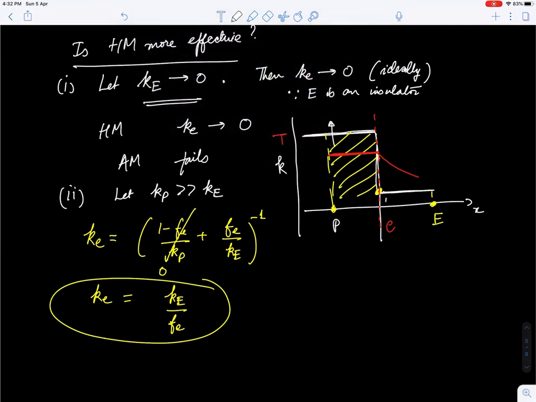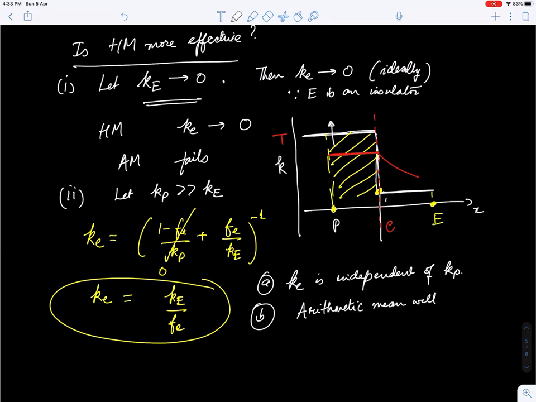That is the first part, that it seems logical that Ke is independent of Kp. The second important aspect is that the arithmetic mean will again fail. It is logical, because the arithmetic mean will again give me a large value of conductivity at this point.